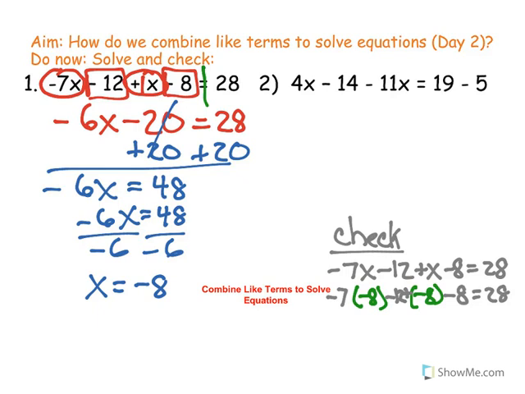So I've got negative 7 times negative 8 is positive 56, minus 12, plus negative 8, minus 8, equals 28. 56 minus 12 is 44. 44 plus negative 8 is 36. 36 minus 8 is 28.